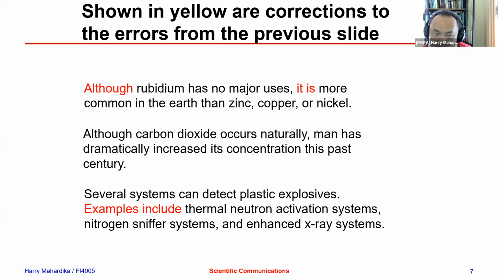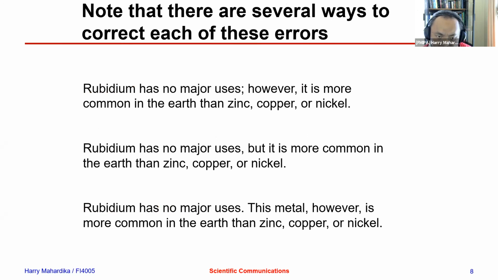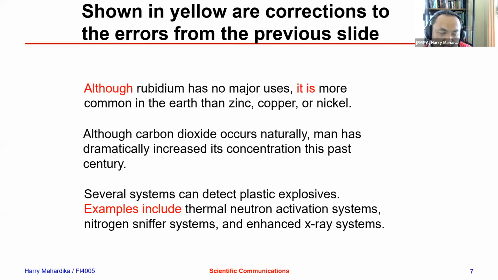And for the third example, instead of writing "rubidium has no major uses, this metal, however, is more common in the earth than zinc, copper, and nickel," we can write it as "several systems can detect plastic explosive.